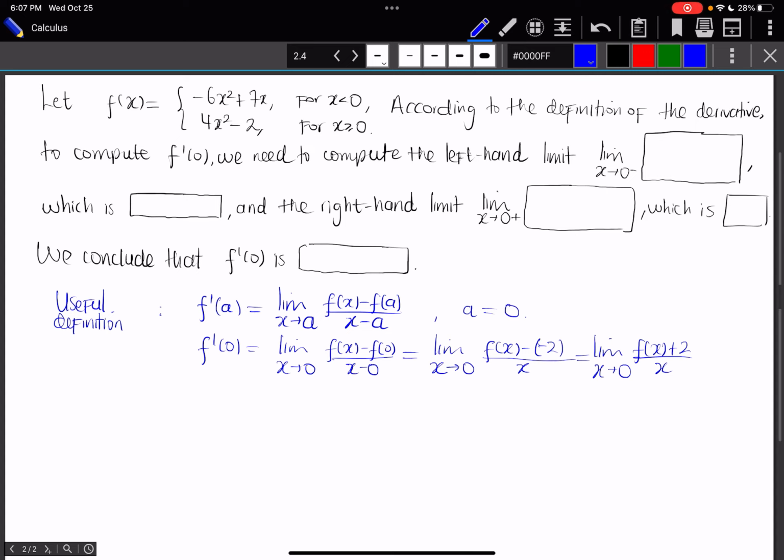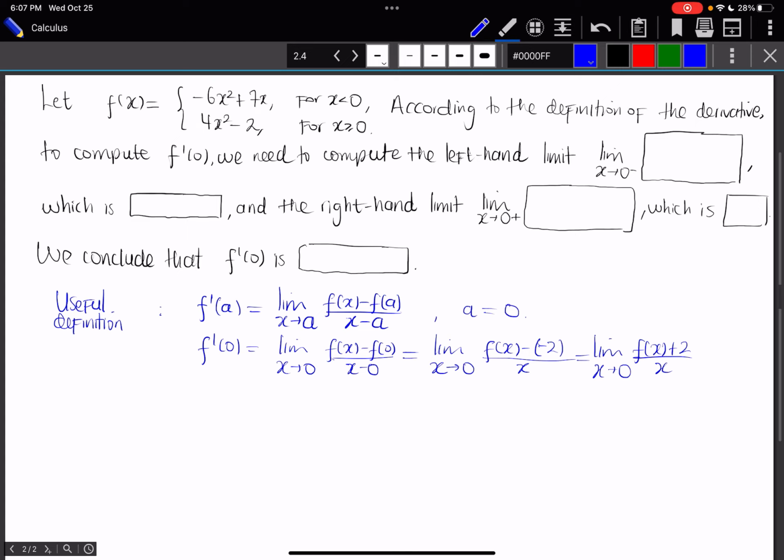Now, here we have the derivative of the function at 0. But our function is a piecewise function. We have a certain formula for f for x negative, and a certain formula for f for x positive or 0.